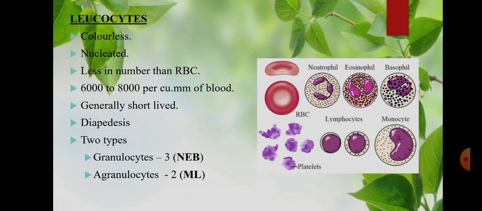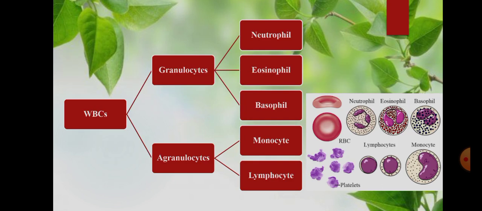Mainly three cells are there: neutrophil, eosinophil and basophil, or in short you can take their first letters NEB. So granulocytes, three cells, which are they? Neutrophils, eosinophils and basophils. Now agranulocytes means what? Yes, absence of cytoplasmic granules. So only two of them are there, monocytes and lymphocytes. Now we will be looking into each one of them in detail.